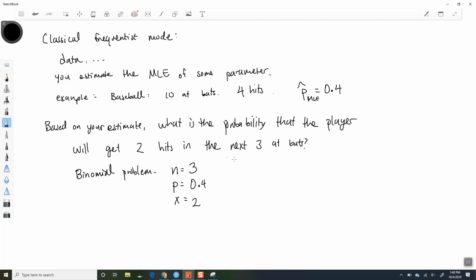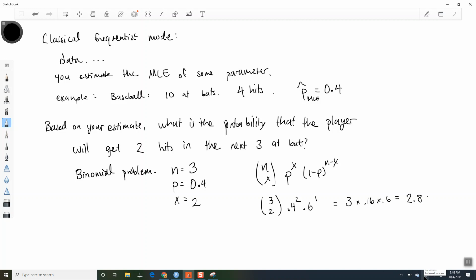P is going to be my maximum likelihood estimate of 0.4, okay? Then we would do N choose X, P to the X times 1 minus P to the N minus X, and we get 3 choose 2, 0.4 squared, 0.6 to the 1, so 3 times 0.16 times 0.6. 0.96 times 3, 2.88?